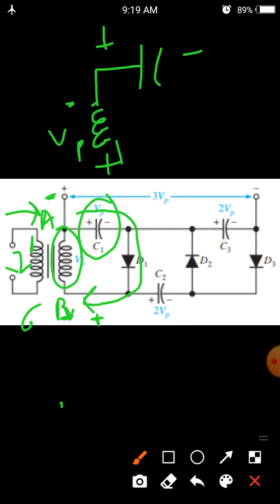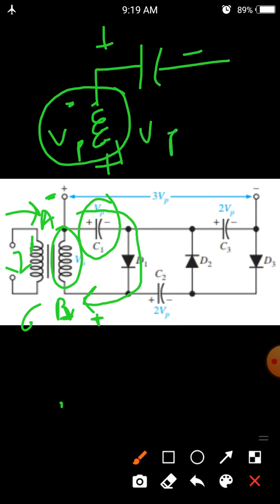So we have two power sources here. The voltage across this coil is also Vp, and the potential across this capacitor is also Vp. The plus terminal of the capacitor is connected to the minus terminal of this voltage source, so here two voltage sources are in series with the plus and minus symbols.